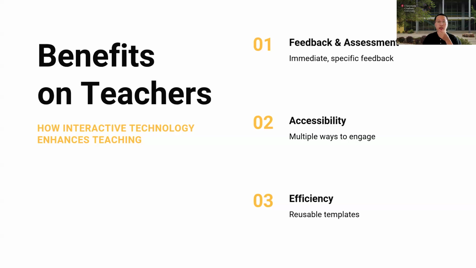The second benefit is about accessibility. Technology allows different ways for students to engage, right? If we think about a traditional classroom, the only way to engage is probably to raise your hand and try to speak in front of the class. But as we all know, some students might not be comfortable doing that.